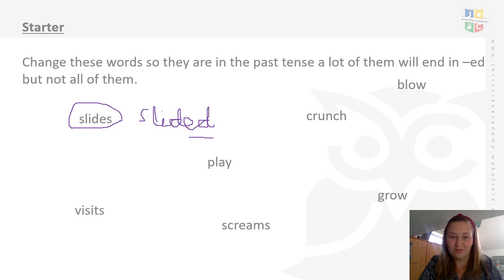Okay, so I hope you've had a really good go at this. Now, I'm just going to add or change the word to make it the past tense. So you've already had slided because I gave you that one. So let's look at this one. Visits. It's not visits, it's... So I'll cross that bit out and I put an ed because it's visited.